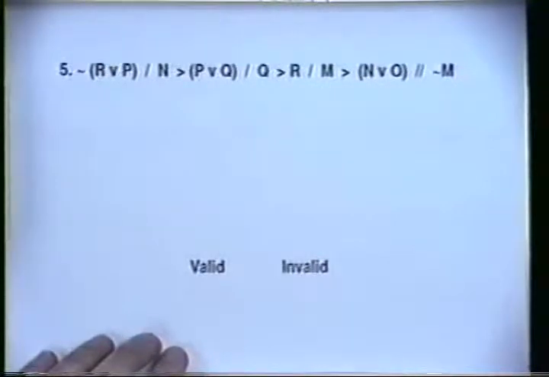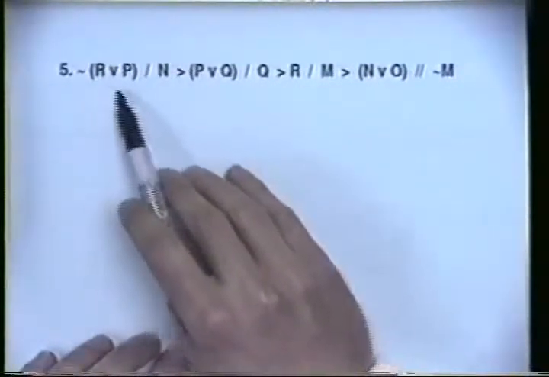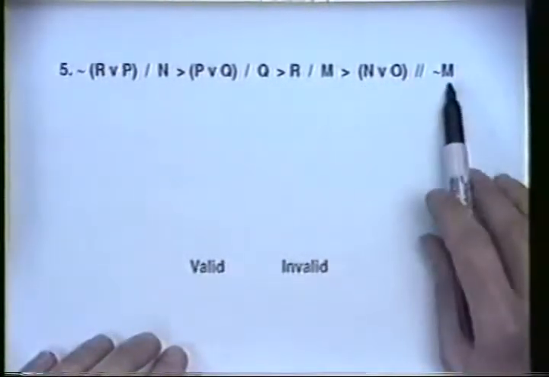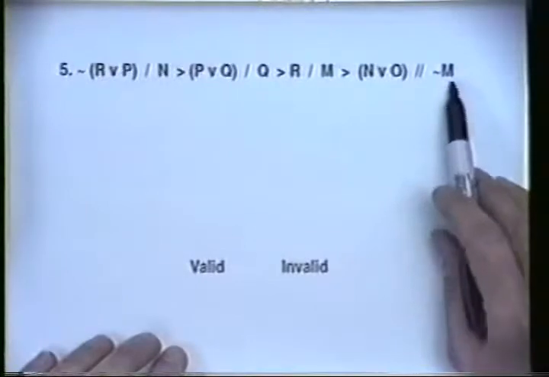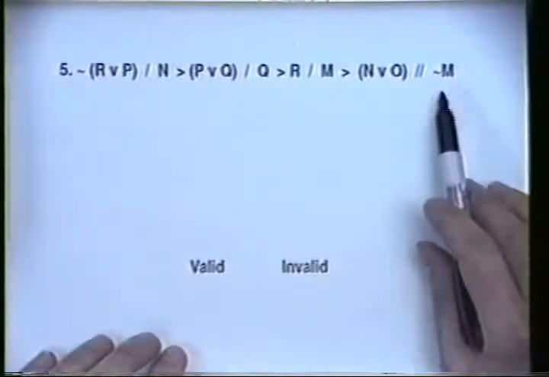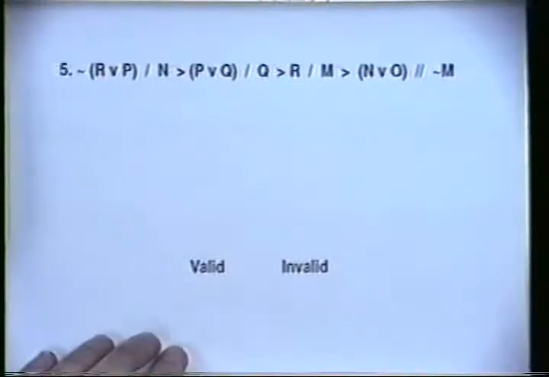If an argument is valid, it's not possible to have an assignment to the premises that makes them all true, but an assignment of false to the conclusion. If you could do that, then the argument would surely be invalid. Now, the method of indirect truth table starts as an attempt to assign just that assignment, that invalid assignment, to all the premises and conclusion.